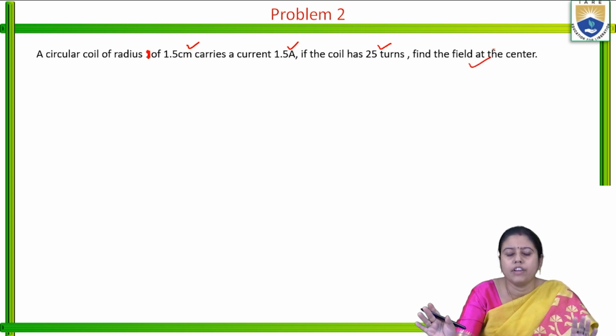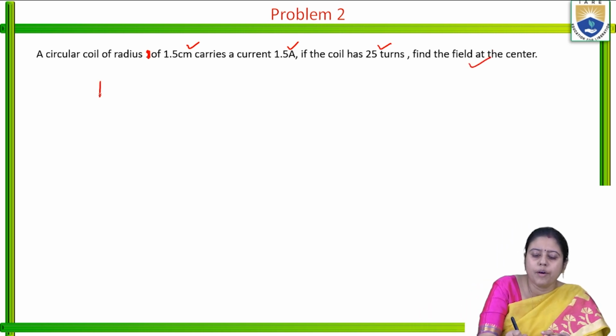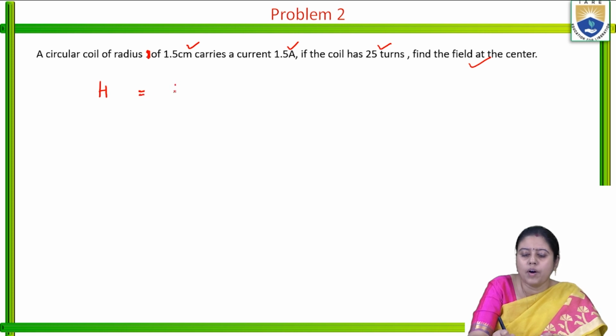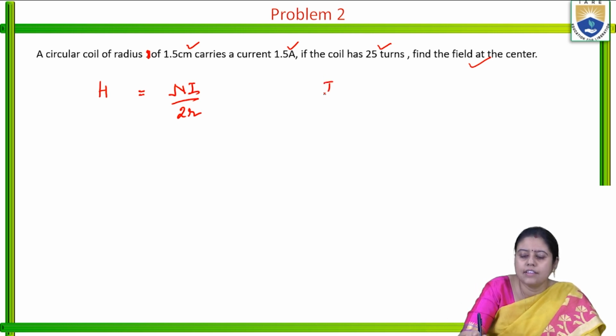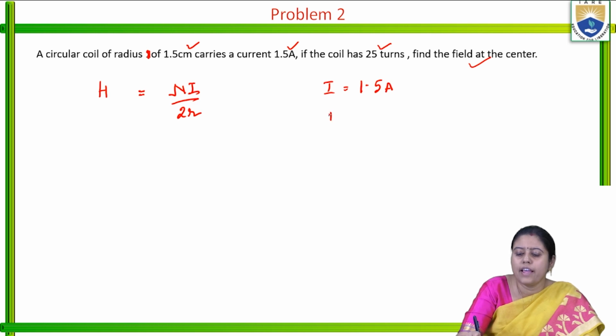Field means flux density. So first we have to calculate the H. What is H? nI by 2r. We have discussed in the previous slides that H is equal to nI by 2r. Here I is given as 1.5 amps. N is given as 25 turns.